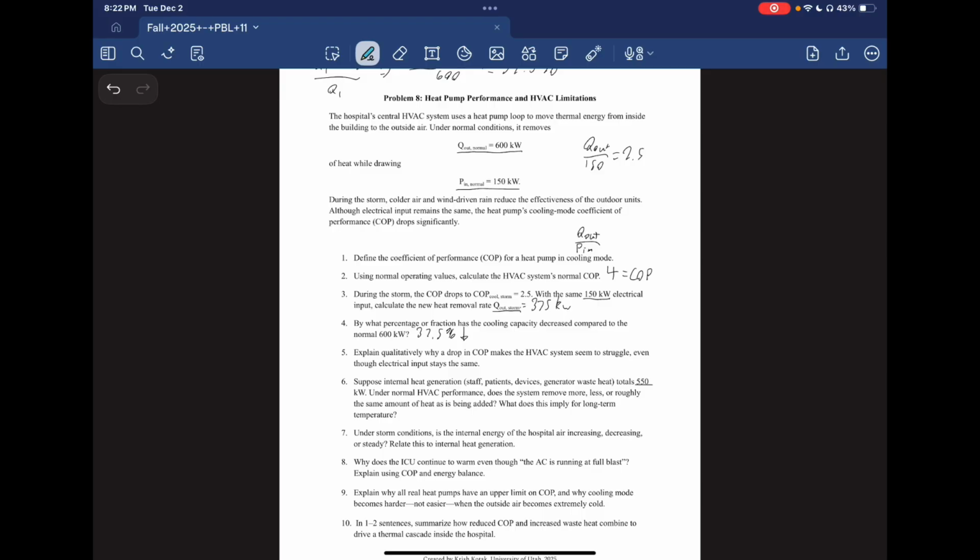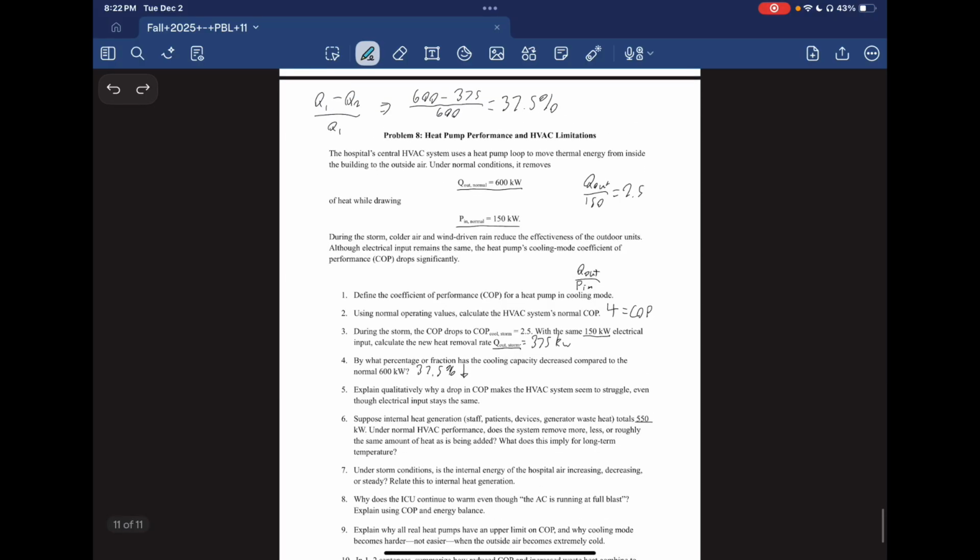And then let's see. Under storm conditions, what does this imply for long-term temperature? Just means temperature is going to drop unless they turn on the heat. But it's going to be relatively slight. Under storm conditions, is the internal energy of the temperature increasing, decreasing, or steady?